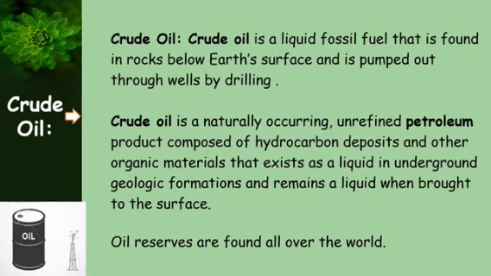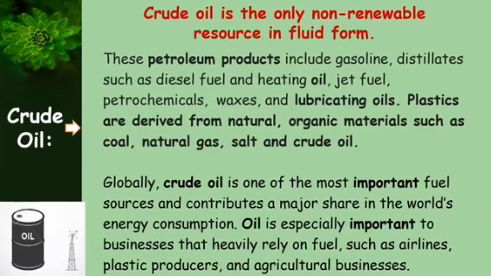Crude oil, children, exists in liquid form even beneath the earth, and when it is extracted, it can be extracted in liquid form itself. Oil reserves are found all over the world. Crude oil is the only non-renewable resource in fluid form or liquid form.